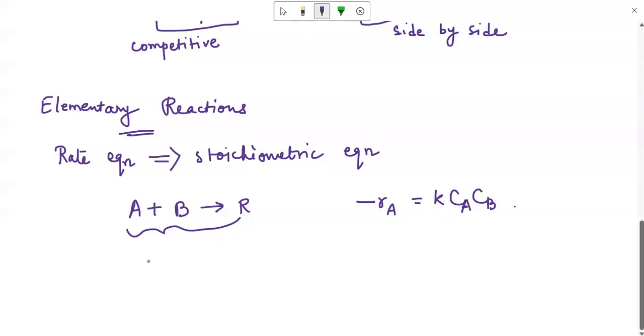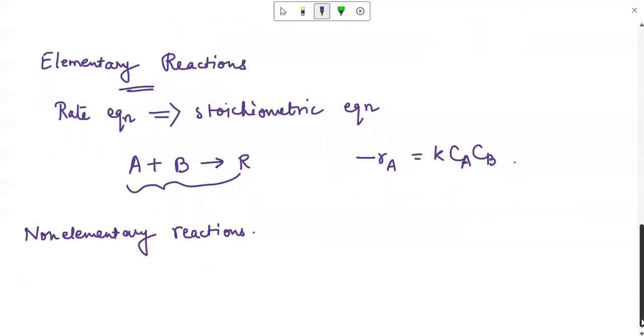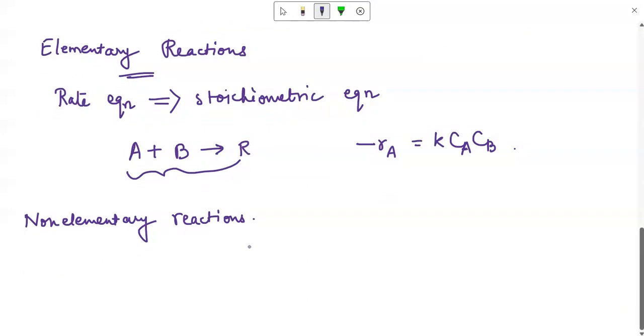If there is no direct relation between the stoichiometric and the rate equations, then we would call them non-elementary reactions. So basically the rate equation does not directly correspond to the stoichiometric equation. A very popular example of this category is the reaction between hydrogen and bromine. The reaction is like this: H2 plus Br2 gives 2HBr.